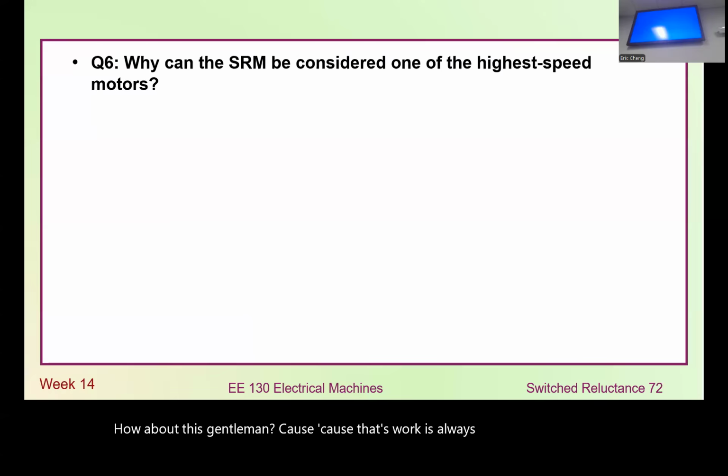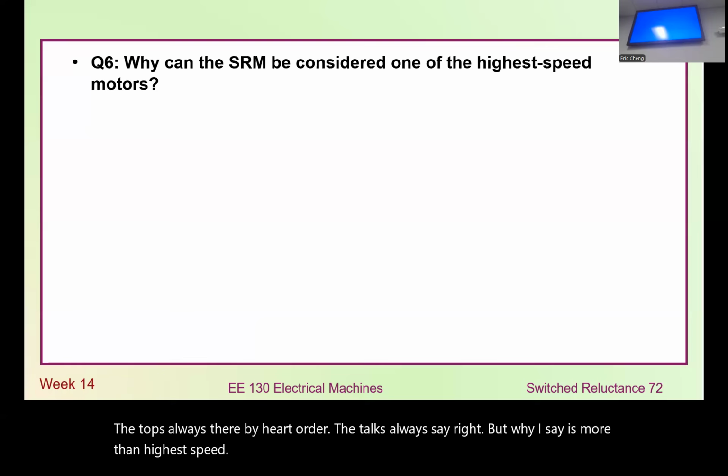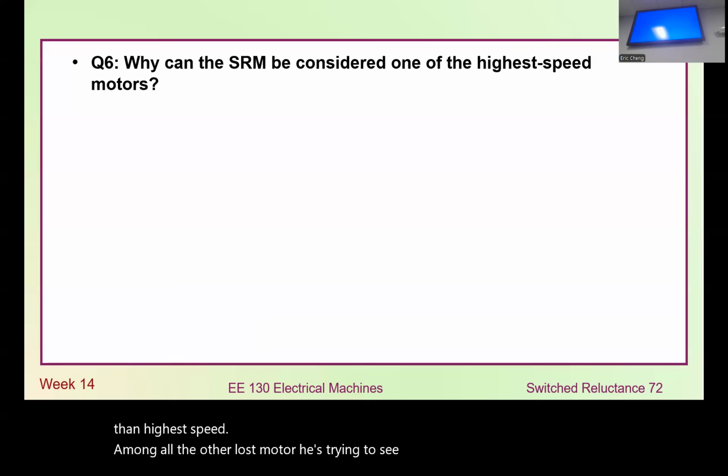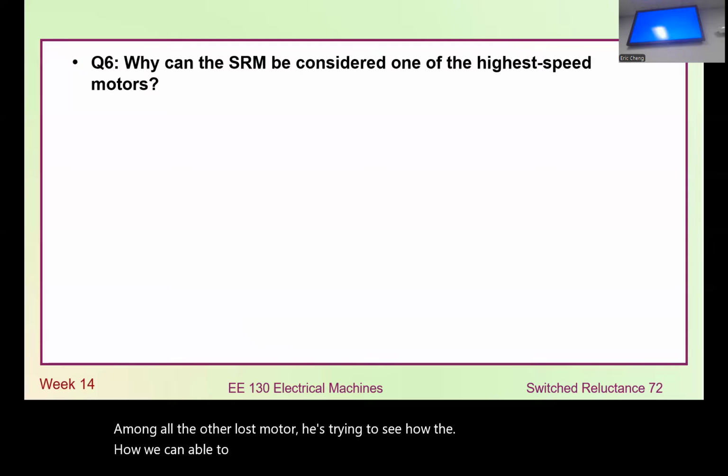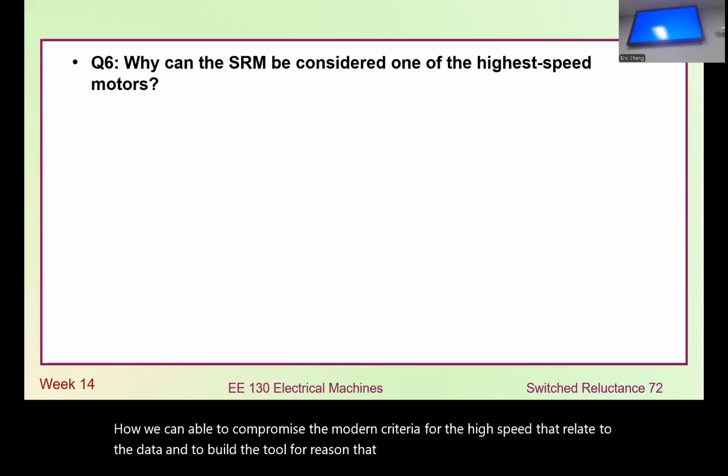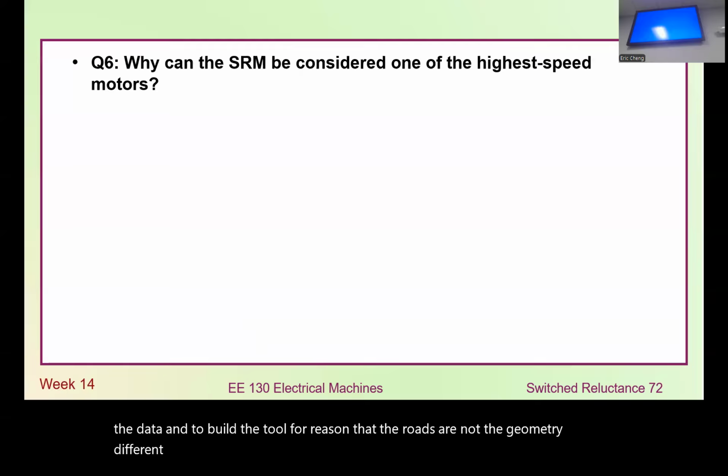The torque is always there, but in all motors the torque is always there, right? But why do I say this motor is the highest speed among all the other motors? We try to see how we are able to produce high speed, what the criteria for high speed are that relate to the stator and the rotor too. For the reason that the geometry of the rotor is different between different types of motor.